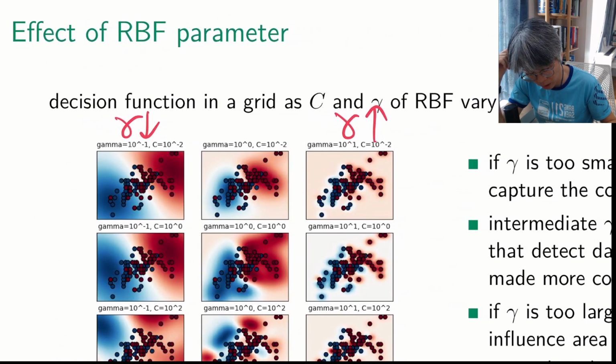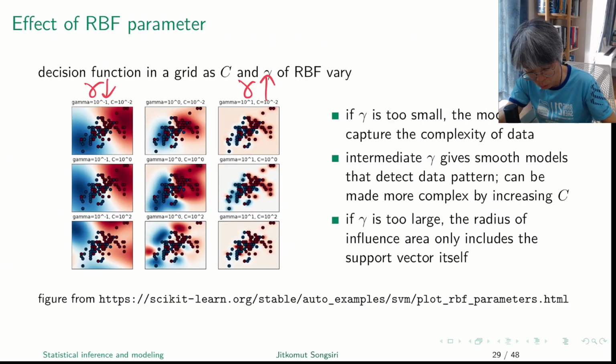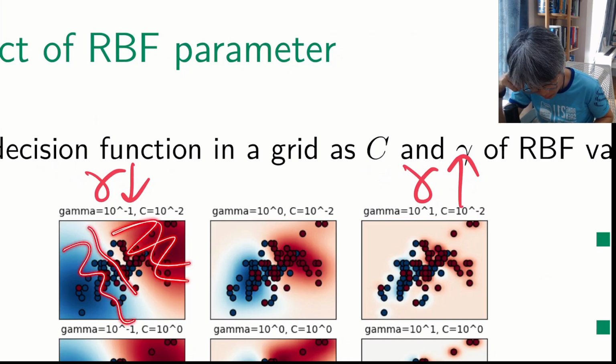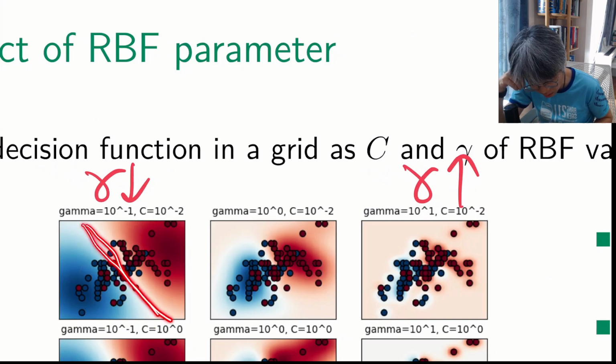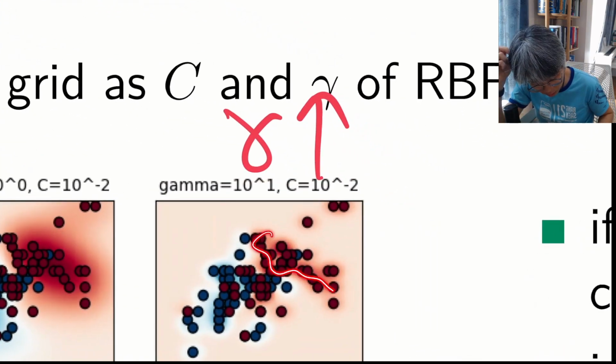If we forget about the principle for a second and look at the evidence, you have blue and red classes. In this graph, the decision regions seem to be linear, simple. As you increase gamma, the decision region seems to be more complex. It tends to capture more nonlinearity in the data.